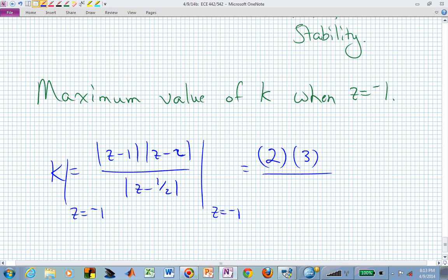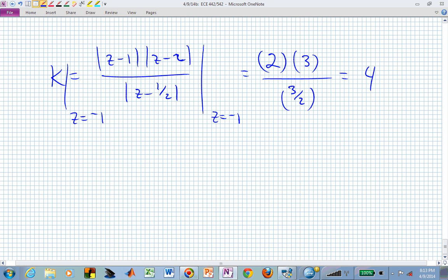We have -3/2 below, and we take its absolute value. And now the 3's cancel, the 2 downstairs comes up, and we see that k is equal to 4. And that's now our maximum value, and that's when the second root of our root locus will escape and go unstable.